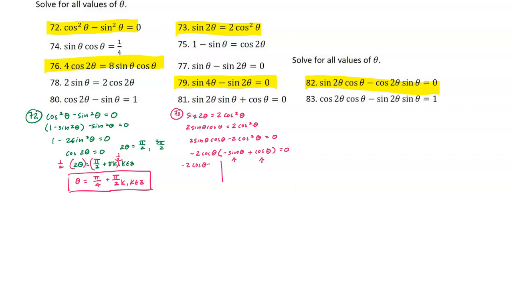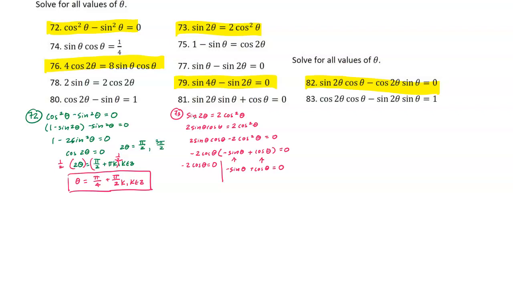Okay, so equals 0 and negative sine of theta plus cosine of theta, as long as there's not two sines in it. If there's two sines in it with differing powers, then I have to still factor.